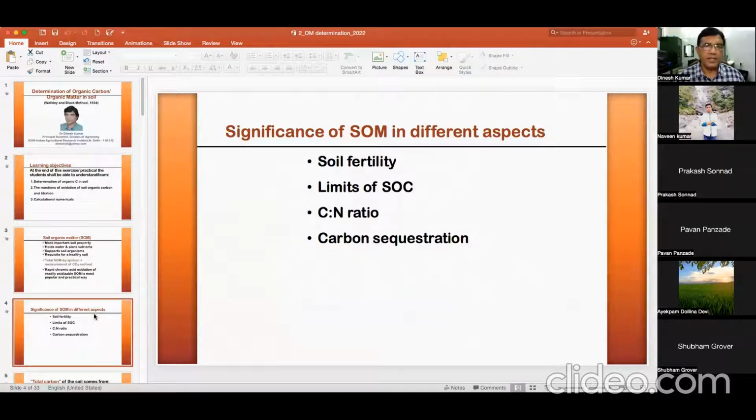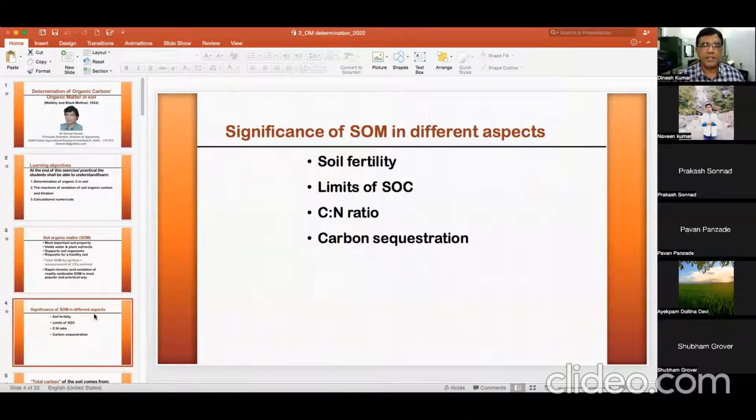You have already seen the rating chart, and we can fix the limit. If we know that this particular field has so much organic carbon, then according to that, we can put it in the limit, whether it is deficient or sufficient. If it is sufficient, then there will not be a need to add organic matter. But if it is deficient, organic matter should be added to the soil.